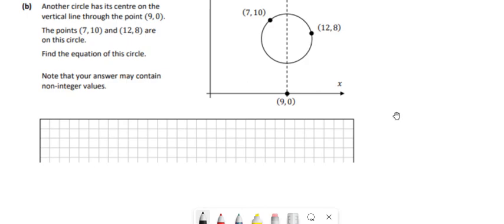Right, last part. You've got a couple of options of ways you can do it. I'm going to use this formula, x squared plus y squared plus 2gx plus 2fy plus c is equal to 0, and I'm going to sub my points into that formula. I'm just going to sub in the point 7, 10 first.